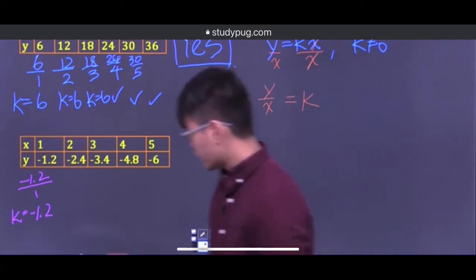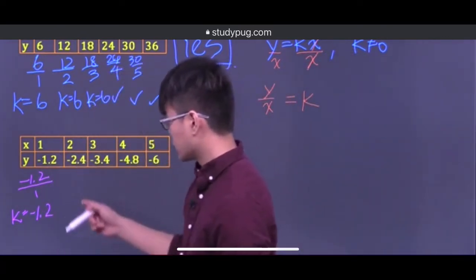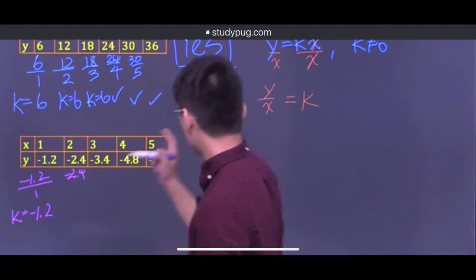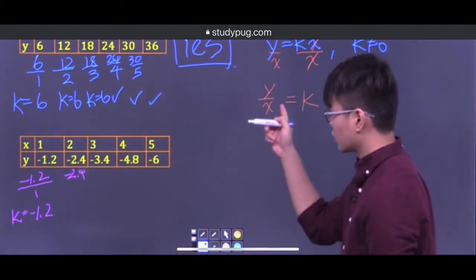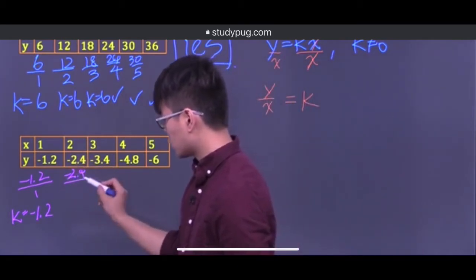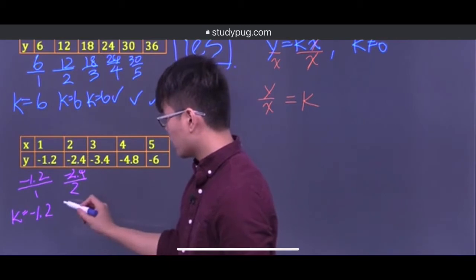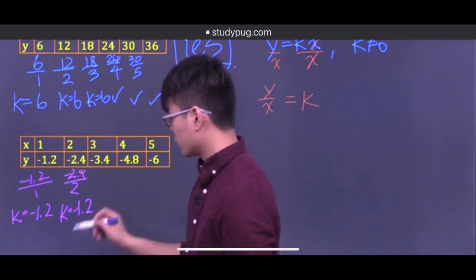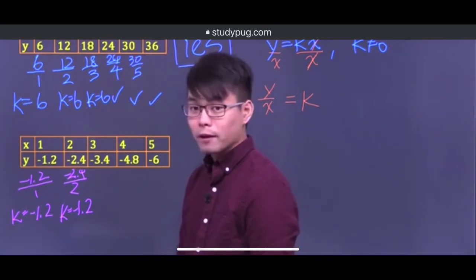Okay, so that's the first column. Second column here, we are going to have negative 2.4, right? The y value divided by its corresponding x value. So the y value here would be negative 2.4, divided by 2, its x value, we will get a k constant of negative 1.2, right?